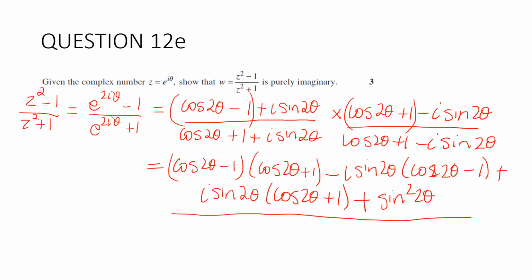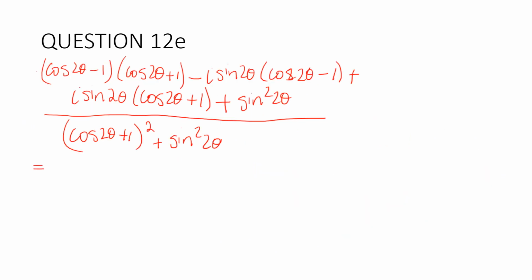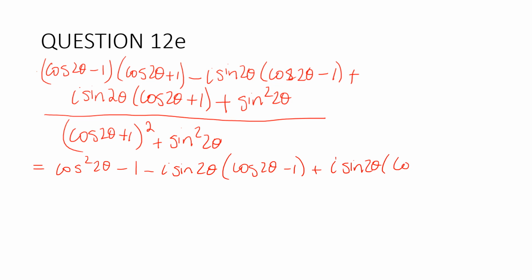The denominator is the difference of two squares, so cos 2 theta plus 1 all squared plus sine squared 2 theta, equals cos squared 2 theta minus 1 minus i sine 2 theta cos 2 theta minus 1 plus i sine 2 theta cos 2 theta plus 1 plus sine squared 2 theta.